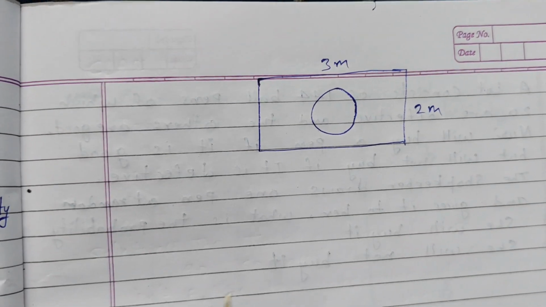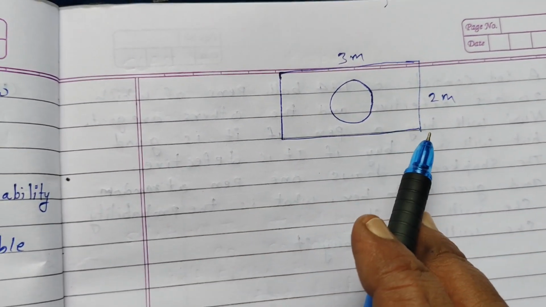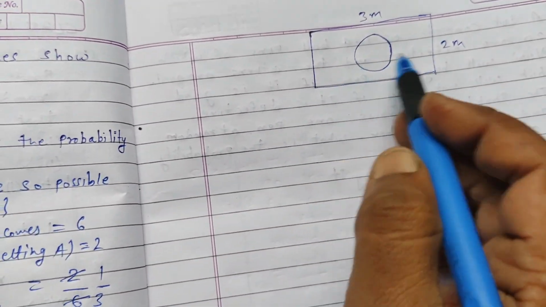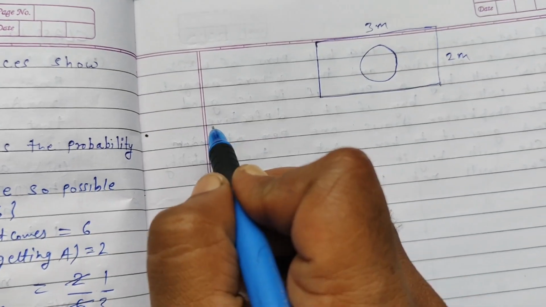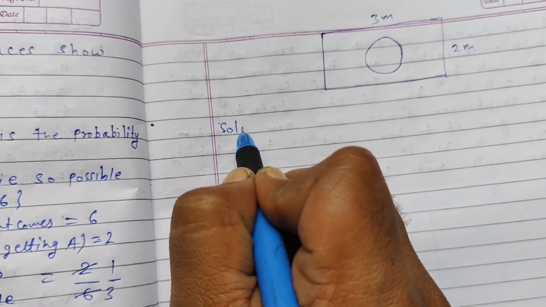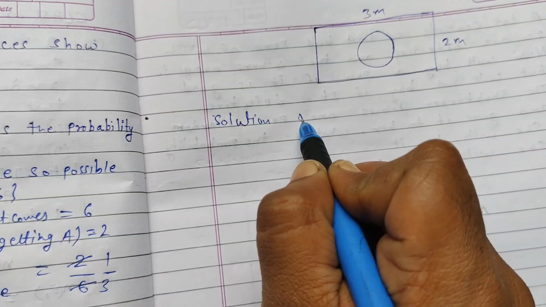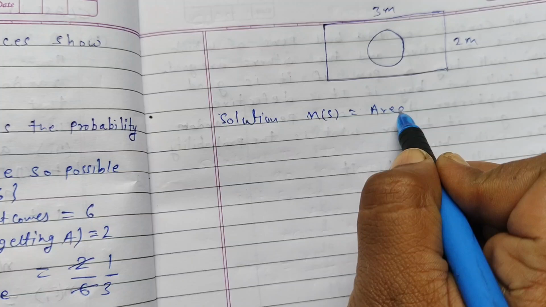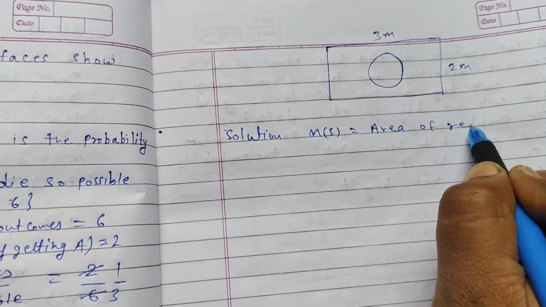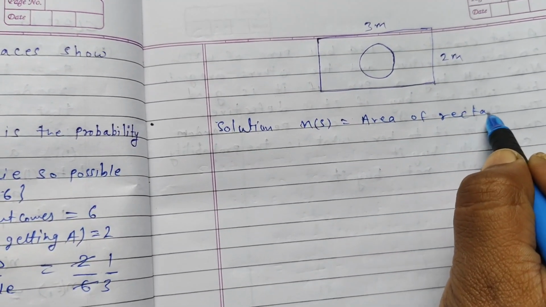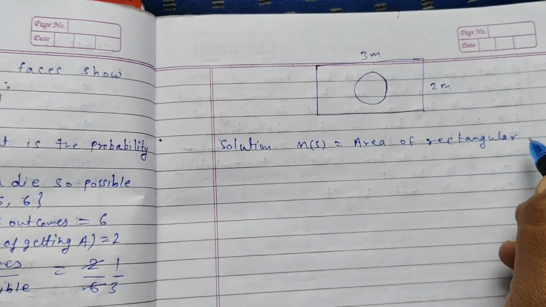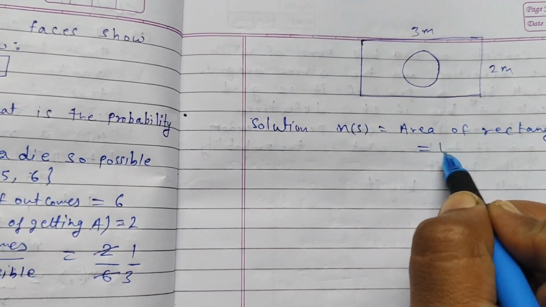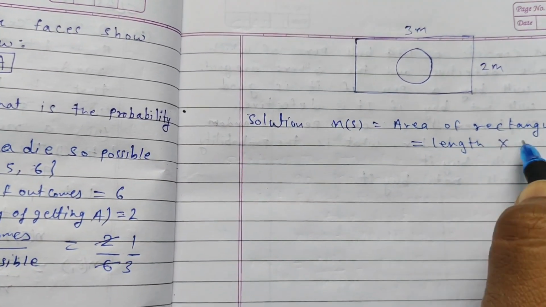Here make a figure, 3 meter is length and 2 meter is breadth. तो we solve करते हैं. Here a rectangular region है तो सॉल्व कर रहे हैं. Solution is, the area of rectangular region is length into breadth.